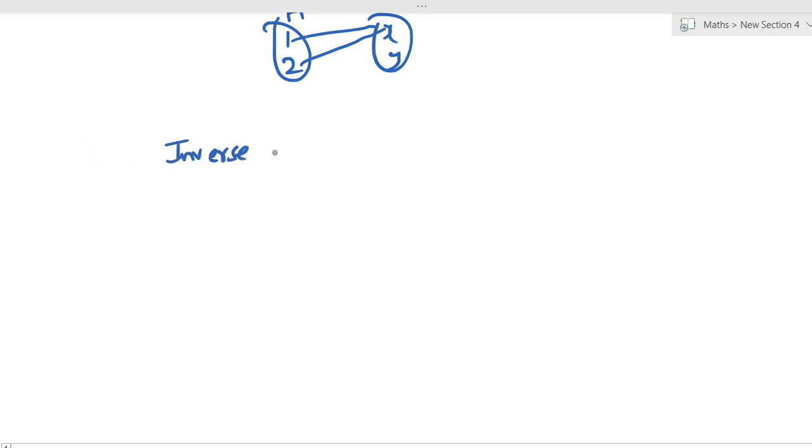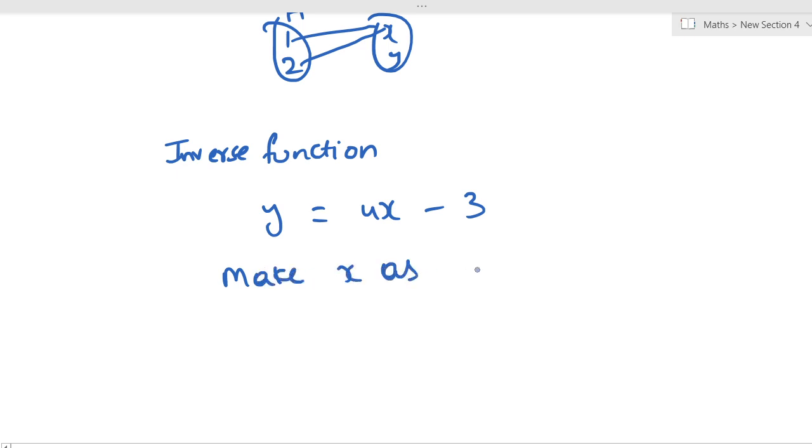Inverse function. So guys, y equals 4x minus 3 is a function. In order to find the inverse function, make x the subject.